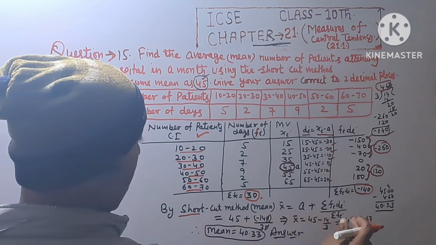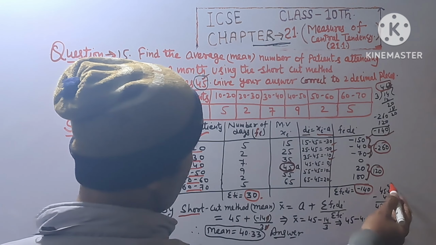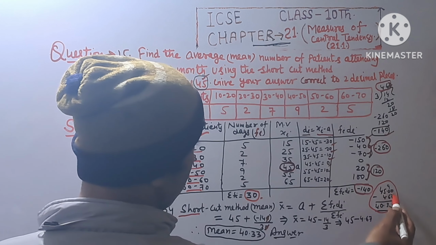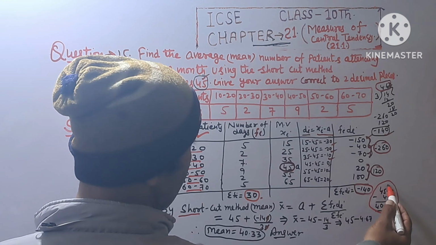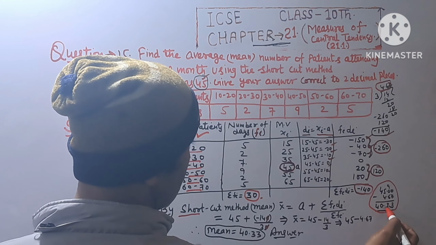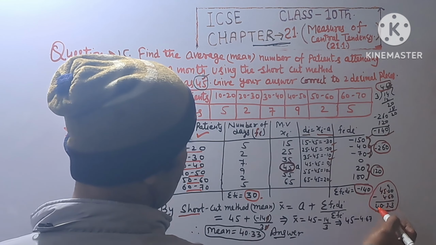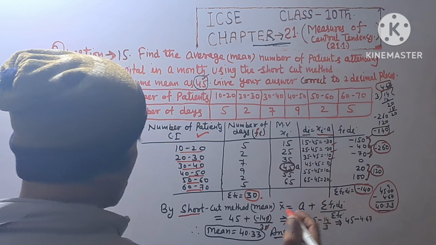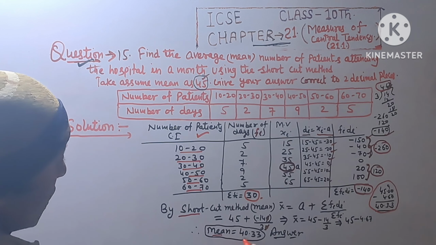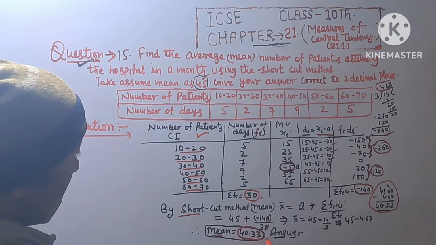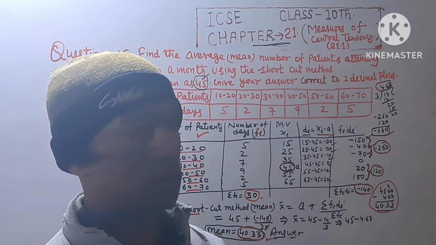And 45 minus 4.67, we get 40.33. So mean is equal to 40.33. Answer. Thank you.